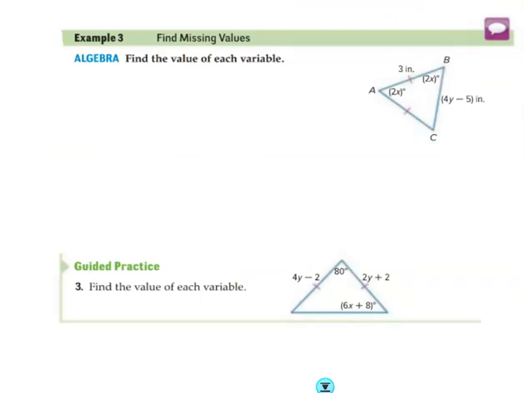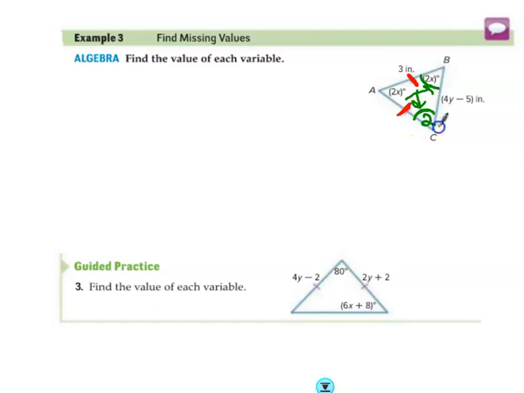These are getting a little bit more complicated, and then we are almost done, folks. For this one, 2x and 2x, that means they are the same. And if you notice, this side and this side are congruent. Therefore, this angle and this angle, remember the opposites, are the same.